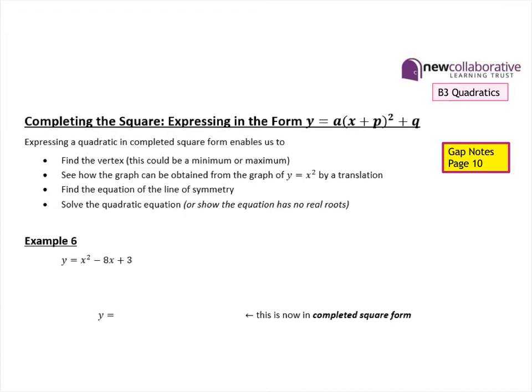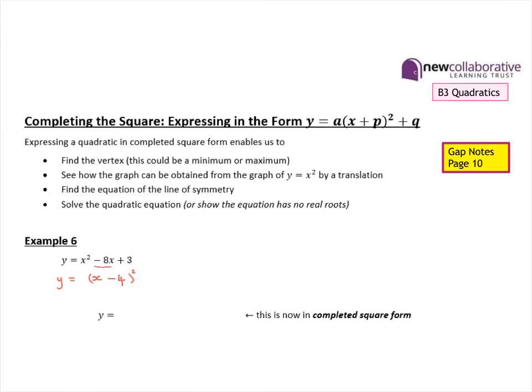And to complete the square, we take a bracket which we're going to square, and when the x squared coefficient is 1, we need an x at the start of this bracket, and we look at the coefficient of the x term. In this case that's -8, and we use half of that value. So we've got x take away 4 all squared.